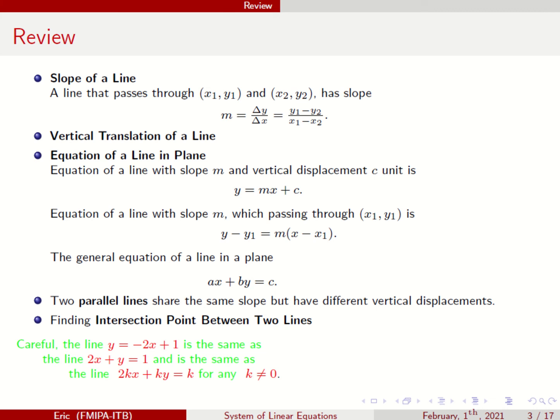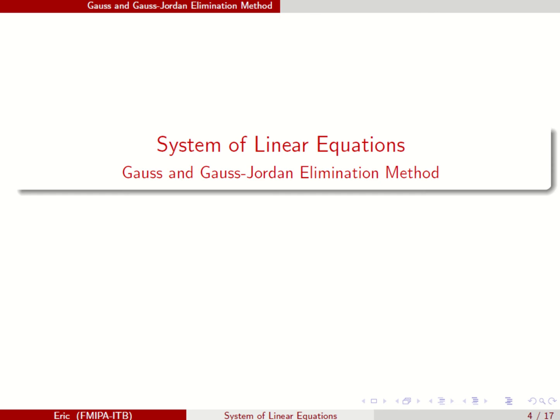And this is a word of caution. Careful, the line y equals minus 2x plus 1 is the same as the line 2x plus y equals 1, and it's the same as the line 2kx plus ky equals k, this equation times k, where k doesn't equal 0. This is just the same line, the same linear equation.